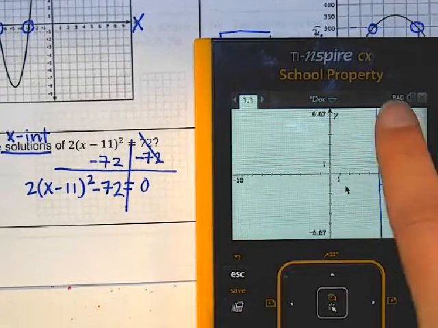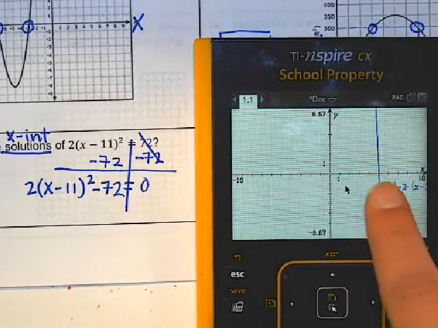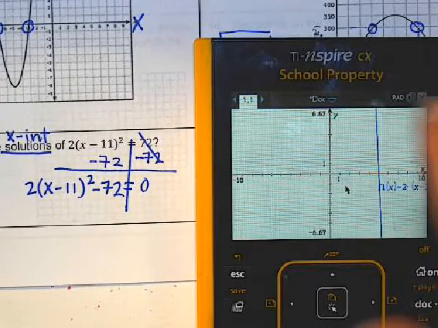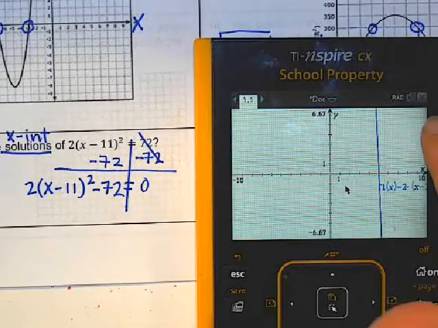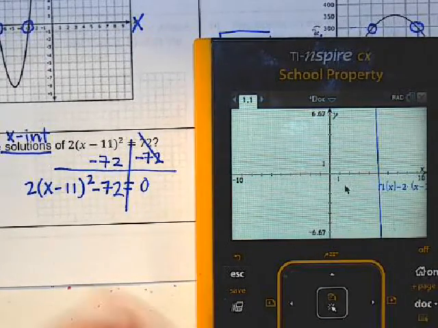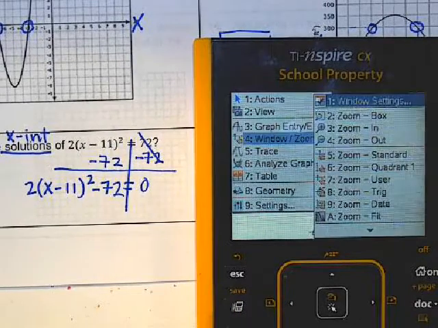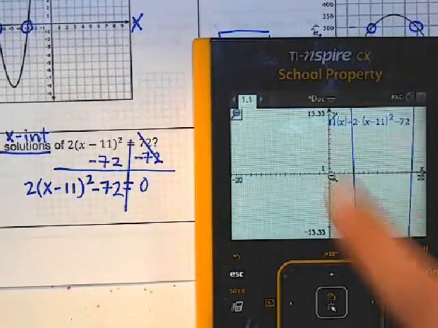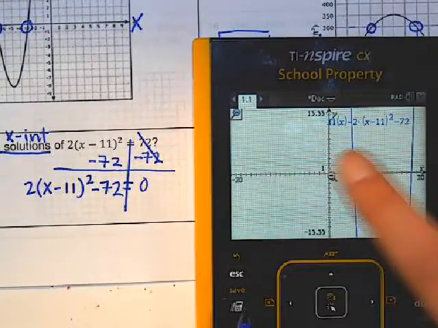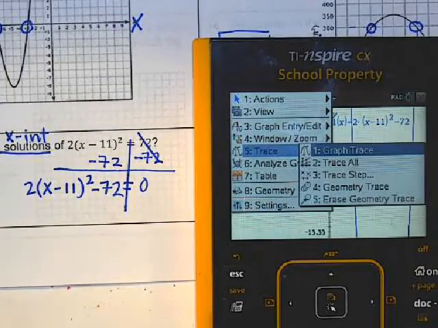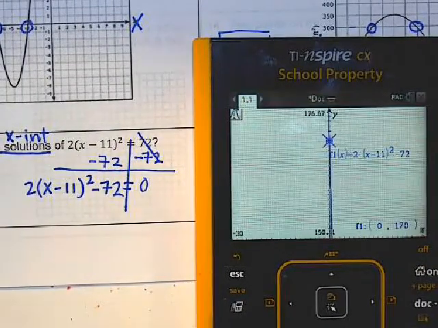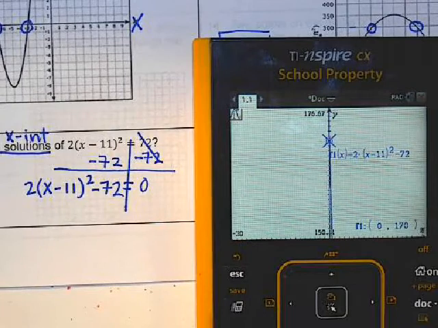Can I see the other part of the U? Oh, no. I can only see one part of the U, okay? So if you don't trust me, you can zoom out and then you can see both parts of the U. Or you can go ahead and just do trace. And we're going to trace this to find our x-intercepts.